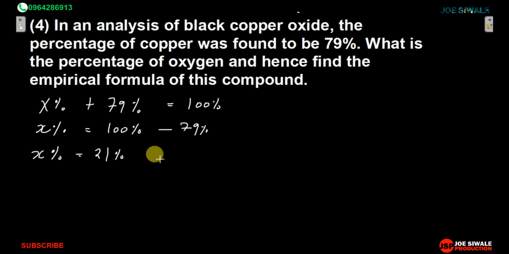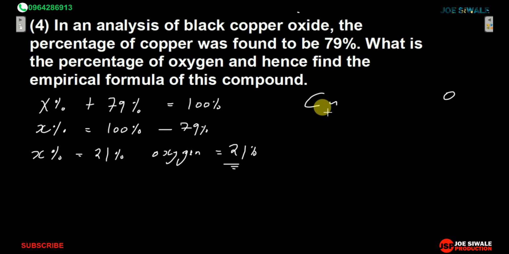So oxygen is 21%. And since we have calculated the percent of oxygen, we can now write down the empirical formula. So the first thing is to identify the elements, and we have 2 elements. We have copper and we also have oxygen.